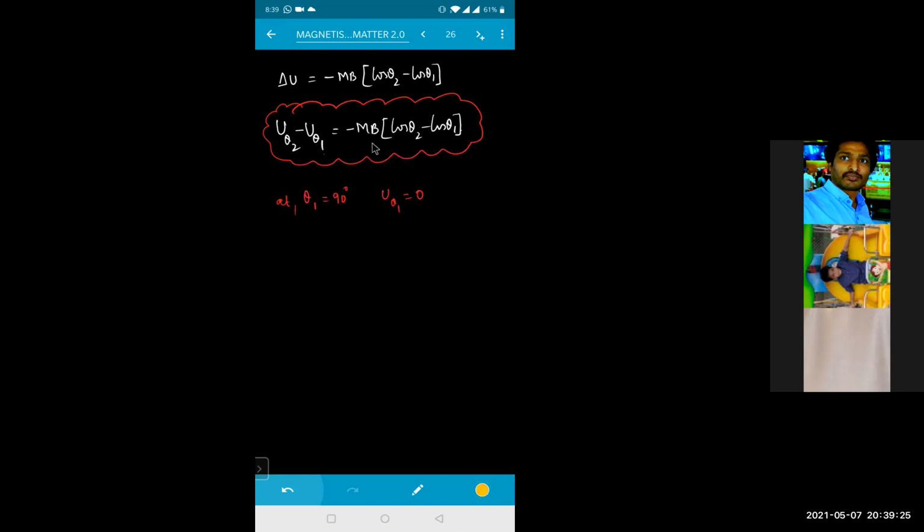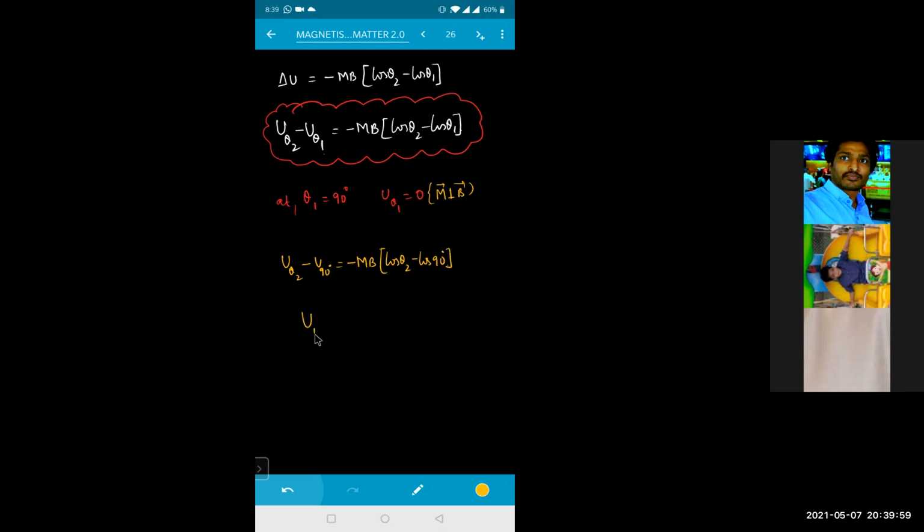So U theta 2 minus U theta 1 is equal to minus MB into cos theta 1. And the potential energy at 90 degrees will be 0, because the magnetic moment is perpendicular to the magnetic field. Taking theta 1 as 90 degrees, U theta 2 minus U at 90 degrees equals minus MB into cos theta 2 minus cos 90 degrees.